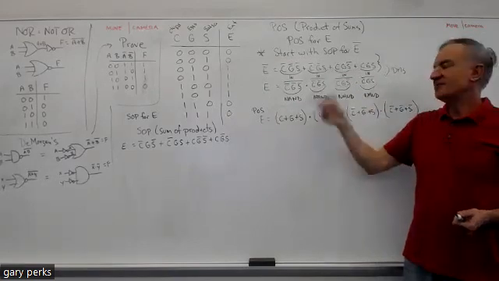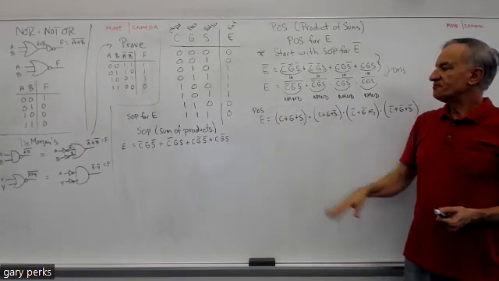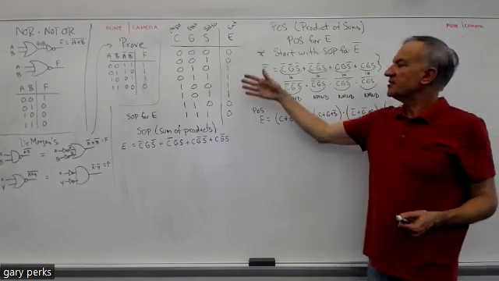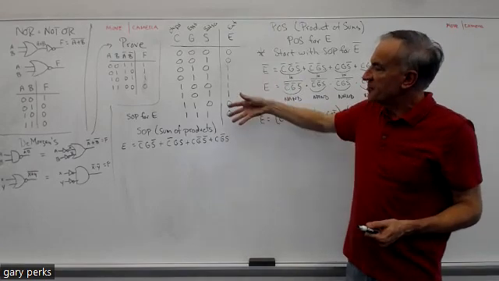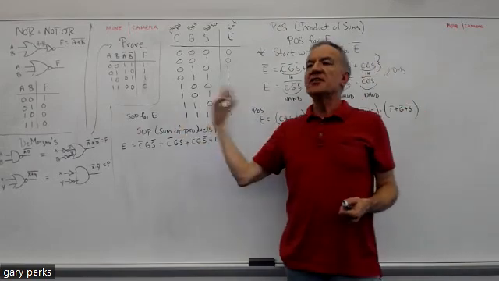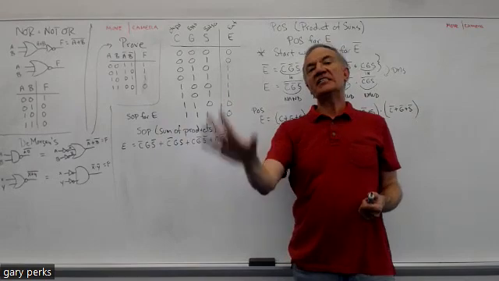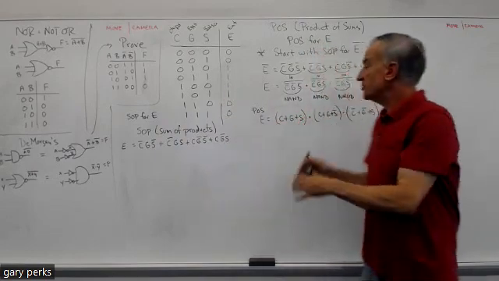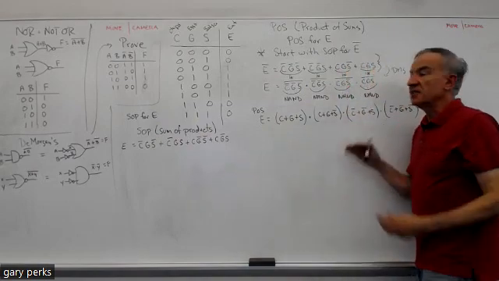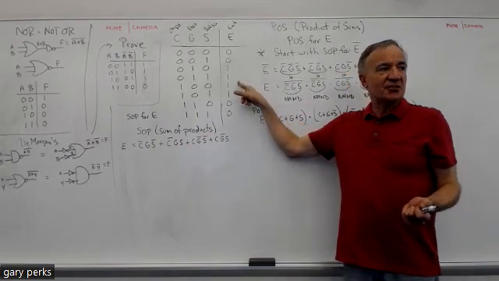Now, you may wonder, so what? Why have these different forms? Well, the reason it's good to know both of these is because in certain cases, depending on the truth table that you start with, one of these forms will give you fewer gates. Because remember, these two equations are logically equivalent. They're going to give you the same truth table, right?